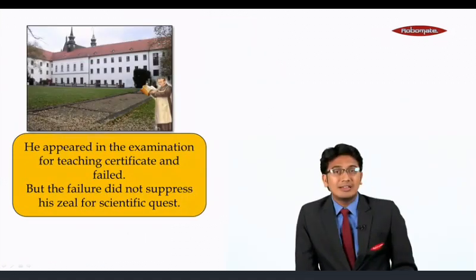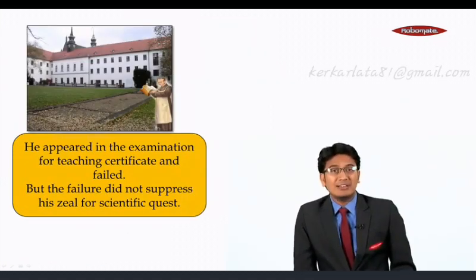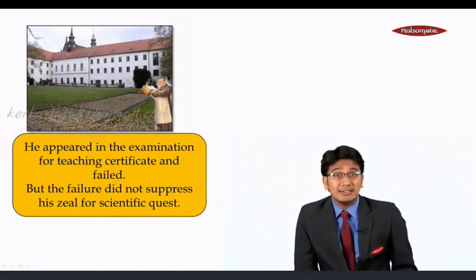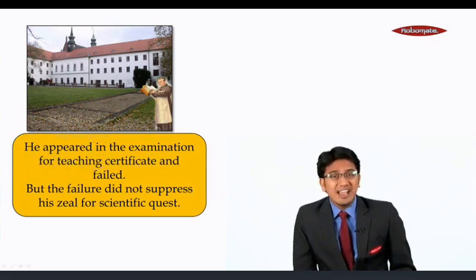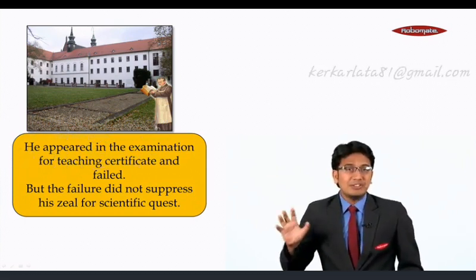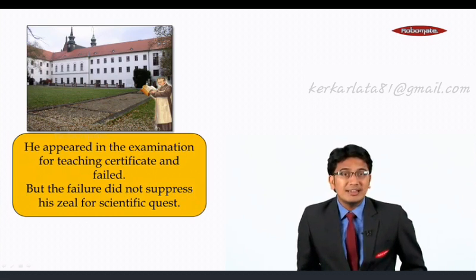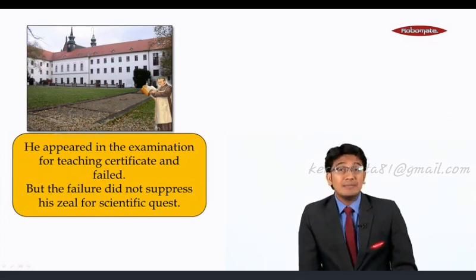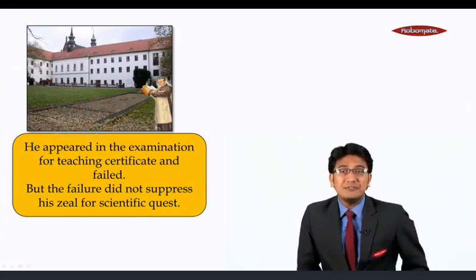There, he wanted to earn his living, so he appeared in the examination for a teaching certificate, and he failed. Yes, this great person failed in his first examination for a teaching certificate.